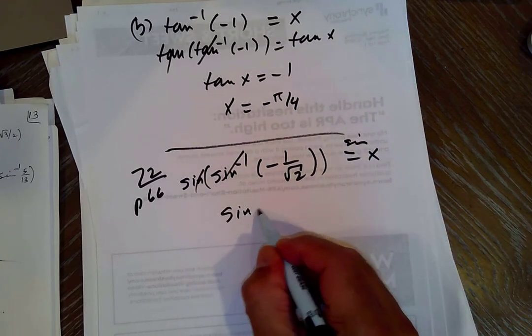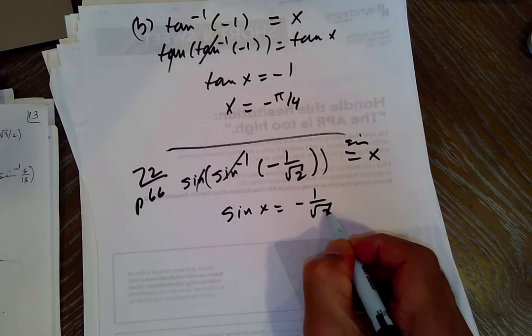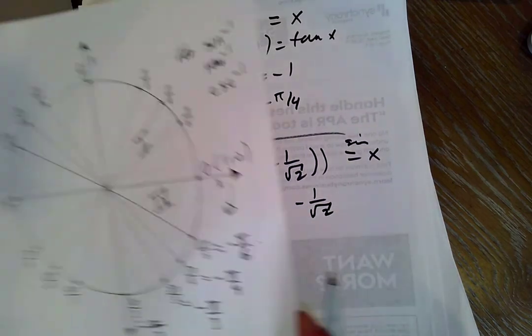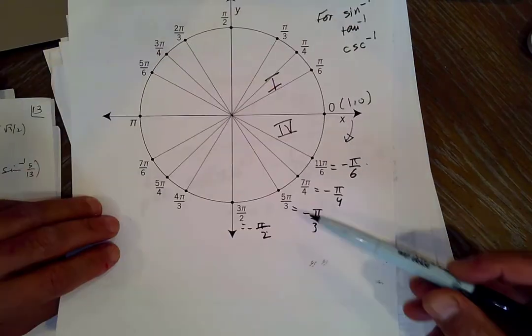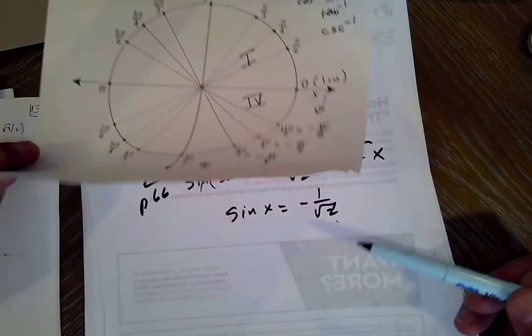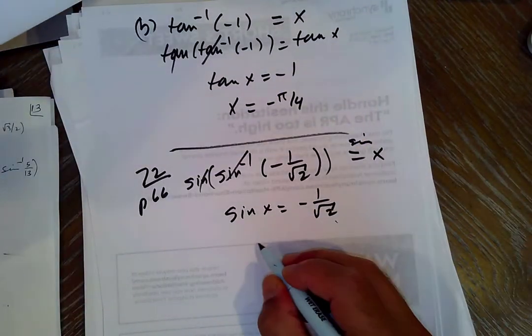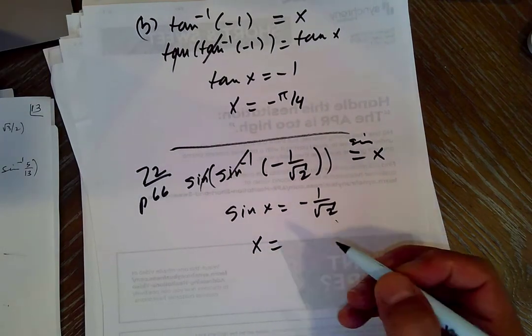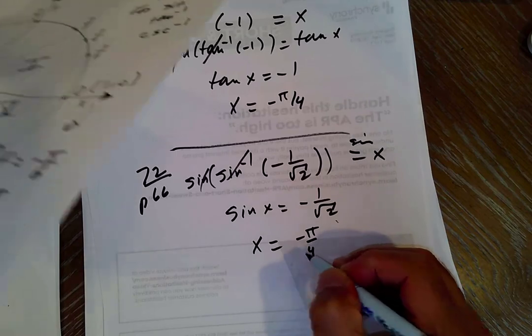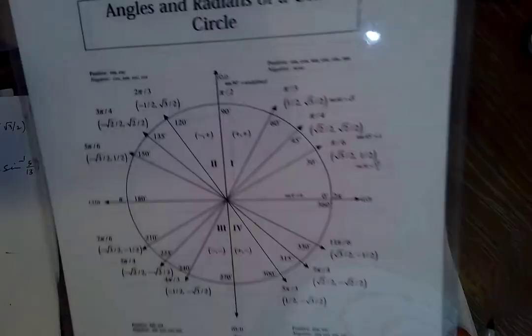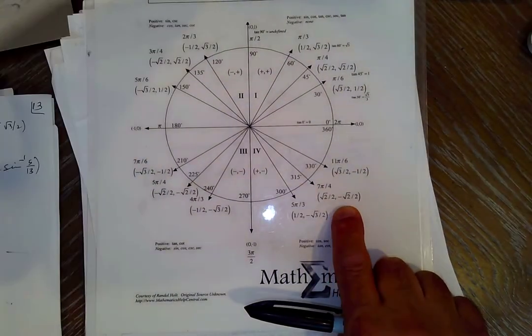So sine of x equals negative 1 over root 2. Again, since we're doing sine inverse, we're going to be between negative pi over 2 and pi over 2. It's negative, so it's in the fourth quadrant, which would be negative pi over 4. Okay, x equals negative pi over 4. If you look at this circle, negative pi over 4 is right there.